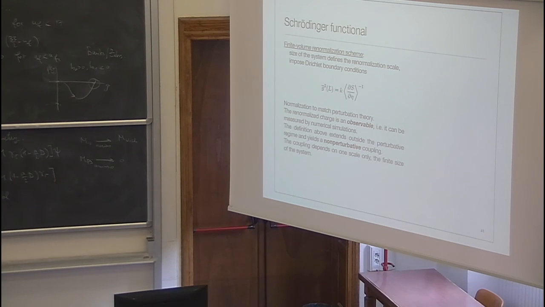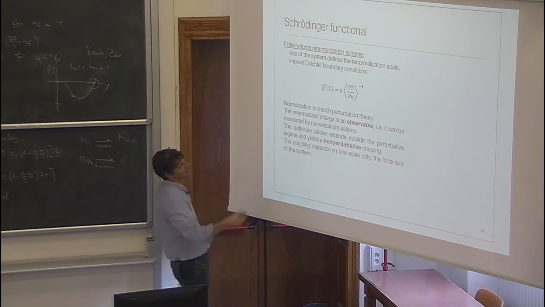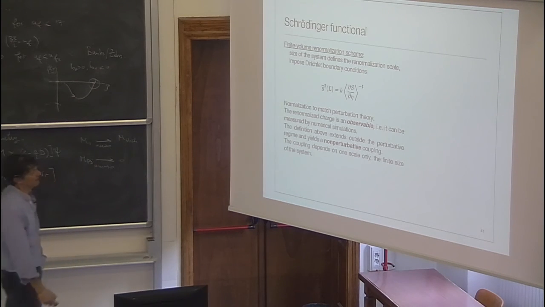So this is something that you can compute, again, as I said, by Monte Carlo methods, okay? So you have a non-perturbative estimate of your coupling at a scale which is given by the size of the box, and this k is just this factor of 12 pi that we had yesterday. Okay.